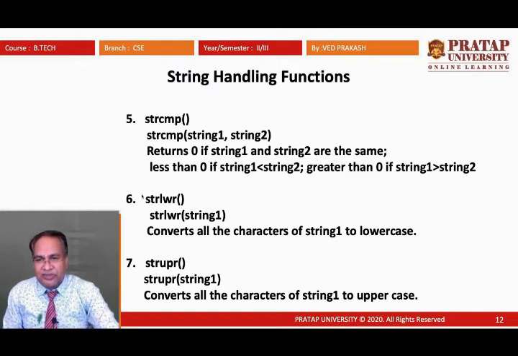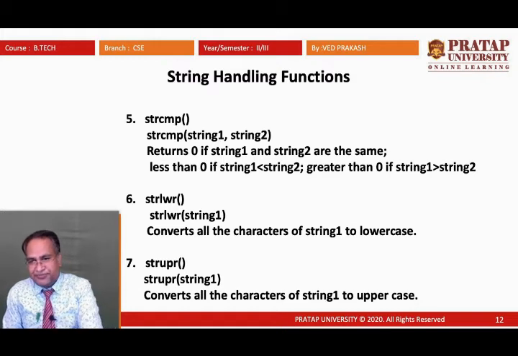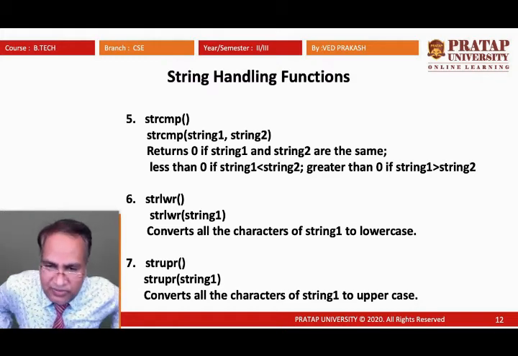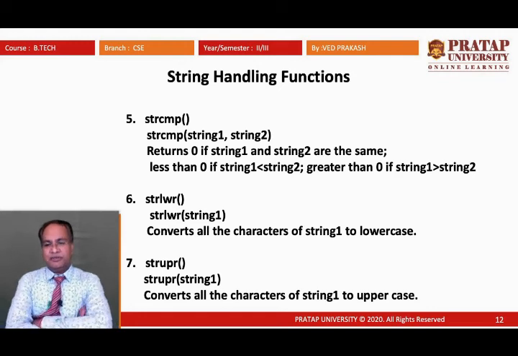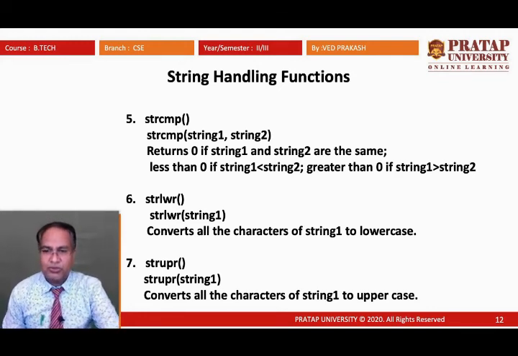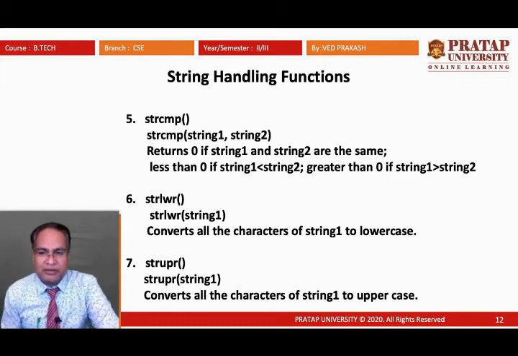In such a case, we have to use the strlwr function. This function converts all the characters of string 1 to lowercase. The next function is the strupr function. These functions are basically used to convert all the characters into uppercase.